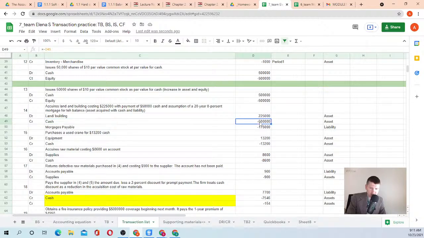So the next point, cash. And here, okay, I see what it was. It is linked to that column. So we would better just say that we have minus 50,000 here.